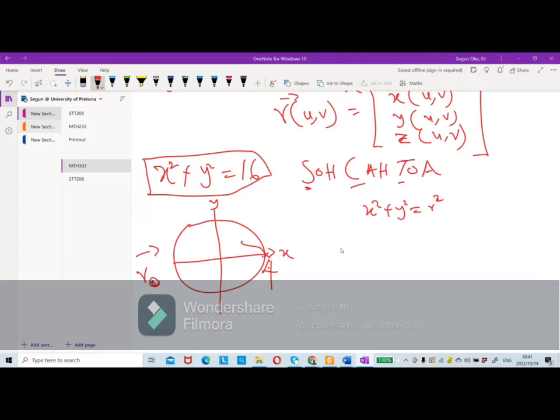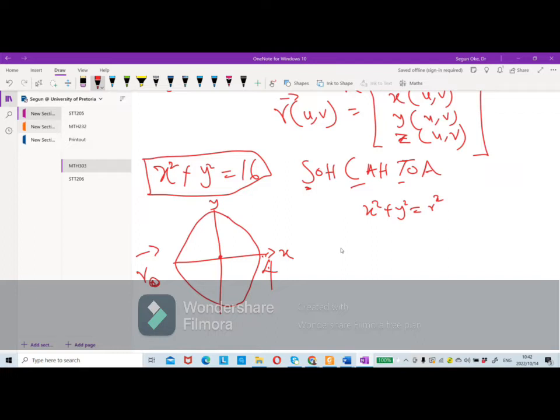From the origin, we connect the origin to any side of the circle. Good. Please, if you don't understand what we are doing, you need to revise SOHCAHTOA and the circle and see how we use it to formulate our parametrization.